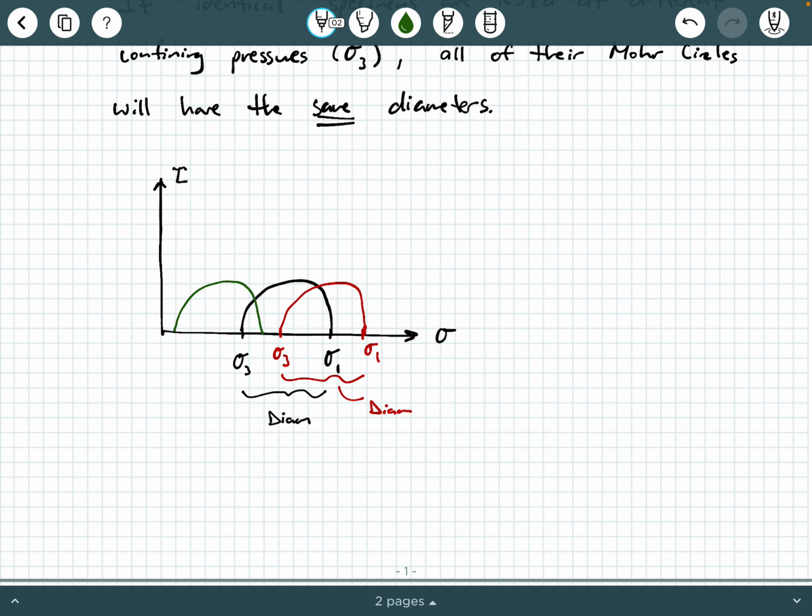Now, when you plot this, you will only get a cohesion value. So what you're going to get is a horizontal Mohr-Coulomb failure envelope. And this high point right here, this horizontal plane, will be what's called your total cohesion value. Okay, now we sometimes call this the undrained shear strength.